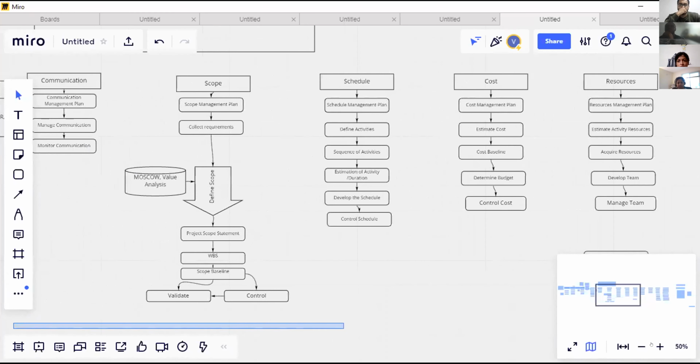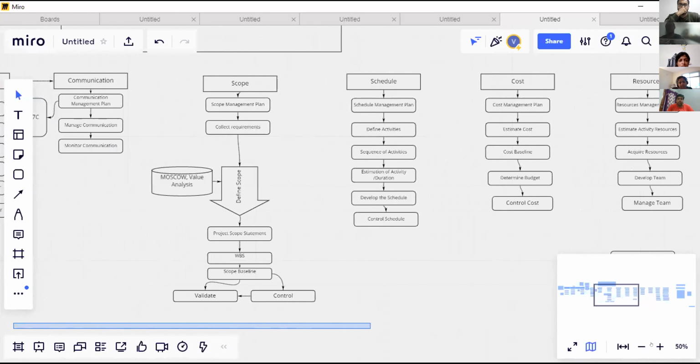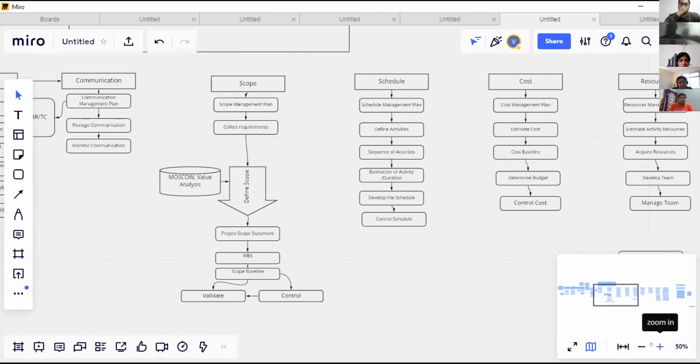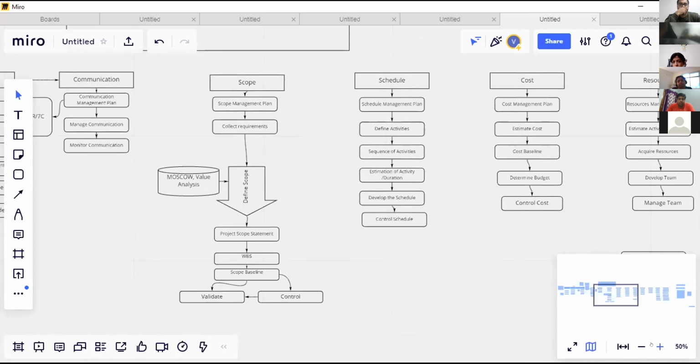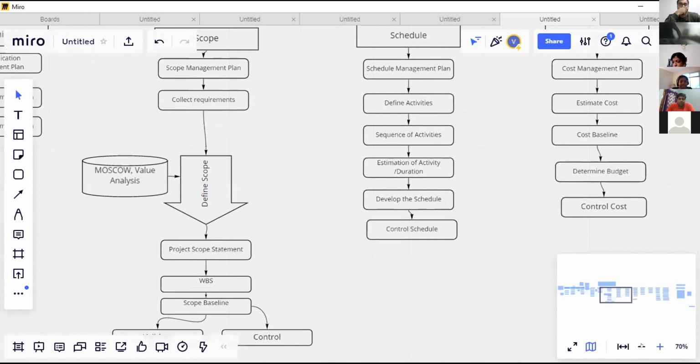After making the communication management plan, we'll move toward the scope. For scope, we need to have a scope management plan first. For this, we need to collect all the requirements that are necessary for the project. Then, using those requirements, we will define the scope using a refinement process in which we will use different kinds of analysis techniques like MoSCoW value analysis.